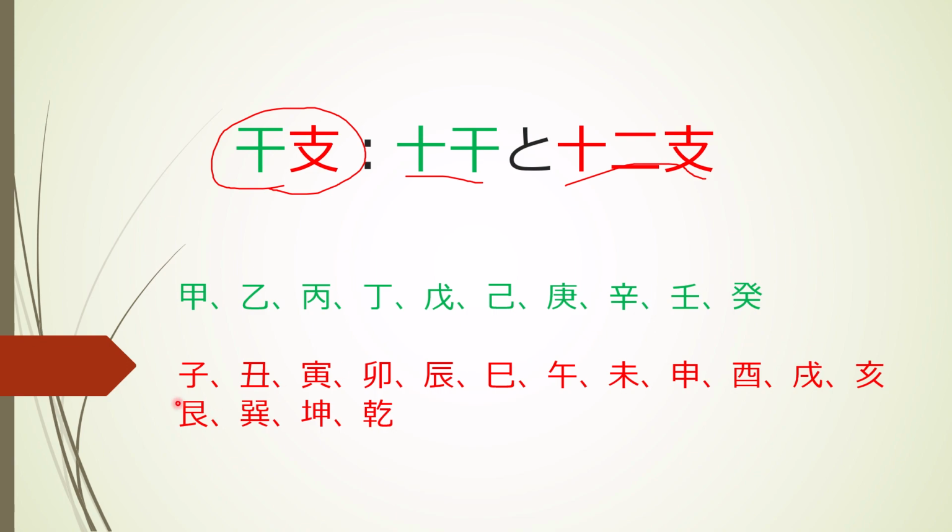they're associated with animals, the better known Junishi. We have Ne, Ushi, Tora, U, Tatsu, Mi, Uma, Hitsuji, Saru, Tori, Inu, I, and 4 extra ones.